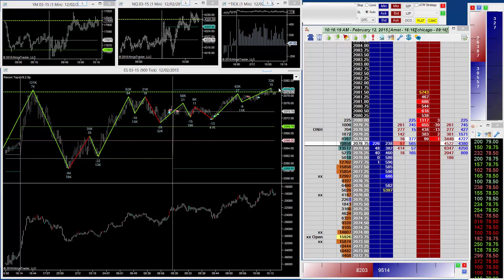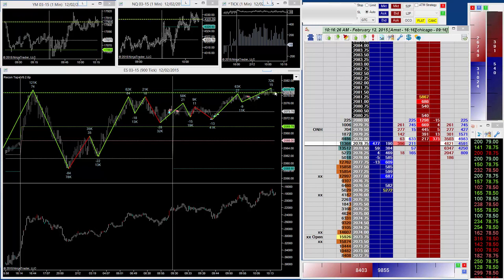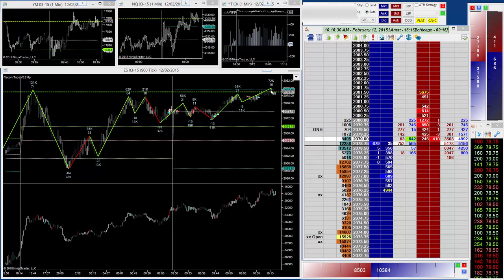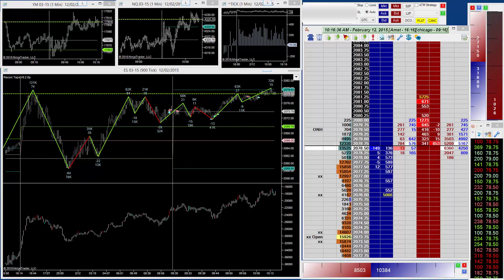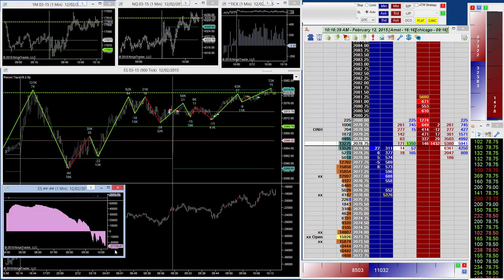We want to see separation when we take a swing up. We want to see some air between the trading ranges that develop at the end of each swing. So again, this is definitely still bullish, but it's not really a clear direction. It's not really a clear move. And the volume's really tapering off.